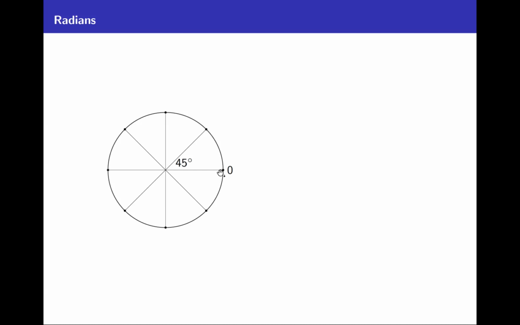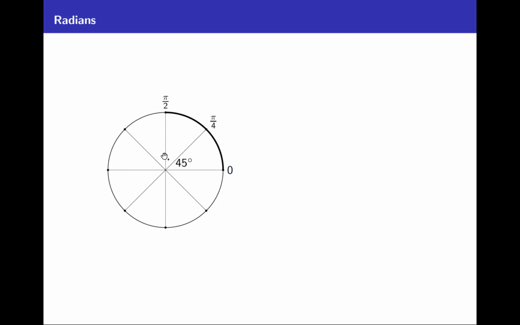And we said a 45-degree angle would be a distance of pi over 4. So there it is. That's pi over 4 radians, marking off 45 degrees. If we double 45 degrees to get 90 degrees, that radian measure would double as well. You'd get 2 times pi over 4, which is pi over 2. So 90 degrees is pi over 2 radians.